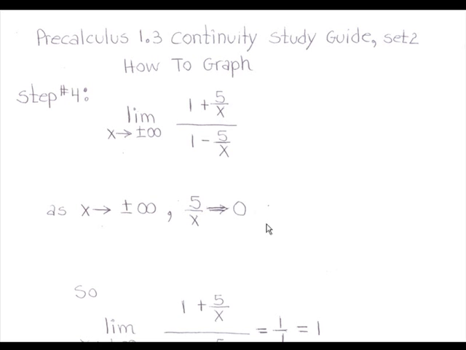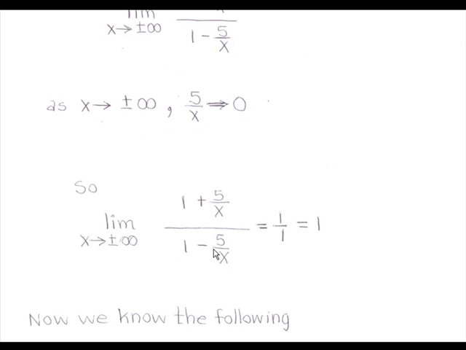After the 6th or 7th decimal place, this really does not affect the outcome anymore because it's so small we can just get rid of it. So as x grows larger and larger, 5 divided by x is quickly getting closer to 0. When we take the limit of this expression, we just cross off the 5 over x because they approach 0, and we now have 1 divided by 1, which is equal to 1.